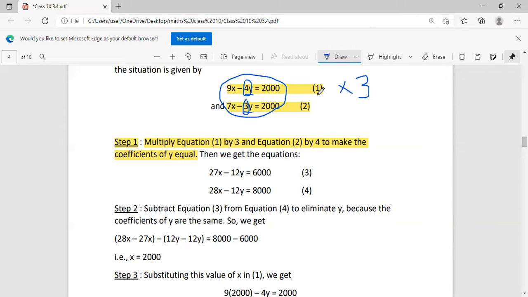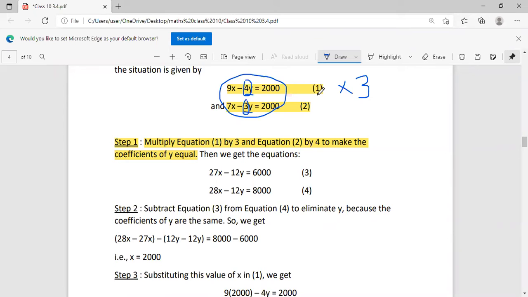I have told this so that you can easily do that. Do you understand why we are multiplying equation 1 by the number 3 and equation 2 by the number 4?